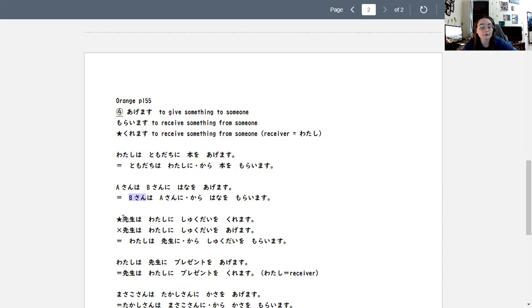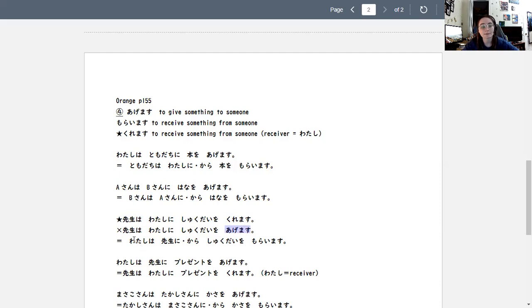Okay, so the correct way to do this is this line and not this line. So sensei wa watashi ni shukudai o kuremasu. So sensei gave you homework, and since you are the receiver, you would use kuremasu and not agemasu.